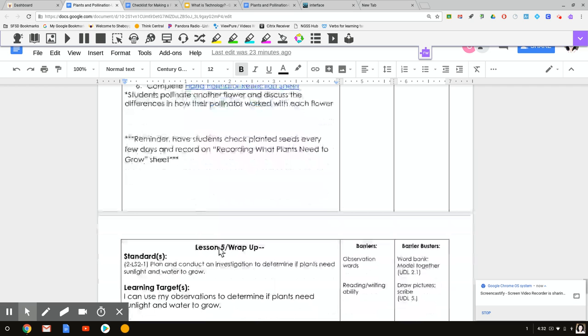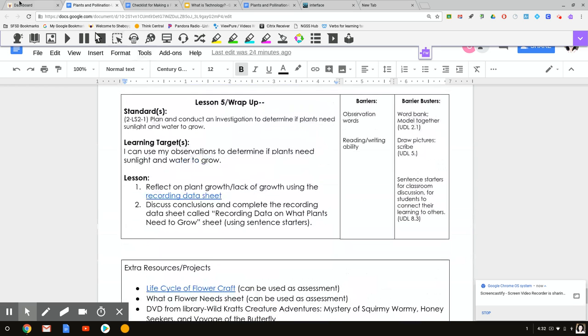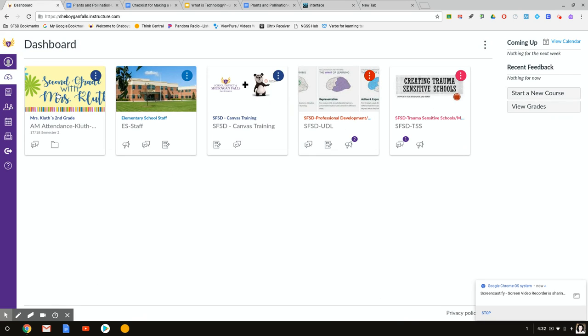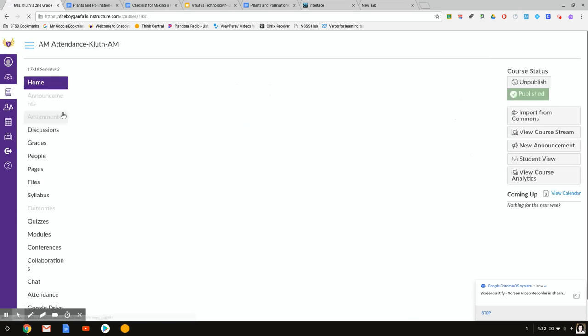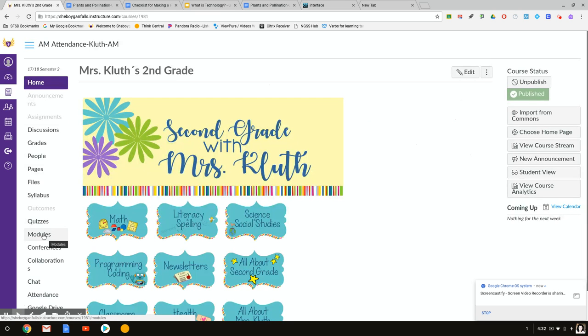So once we were finished with this piece of it, we then took that and we put the pieces into Canvas. Students knew to enter through their dashboard, but as a teacher, you can go ahead and just enter in the modules.